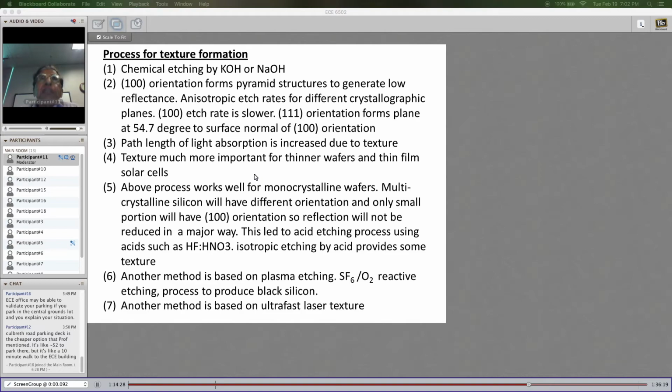The interesting thing, you have heard some presentations from various students, like today Matt gave on the perovskite solar cell. A couple of other students have talked about perovskite. Is this problem as severe in perovskite as in silicon? The reflection loss is very high for silicon, about 35 or 40%.